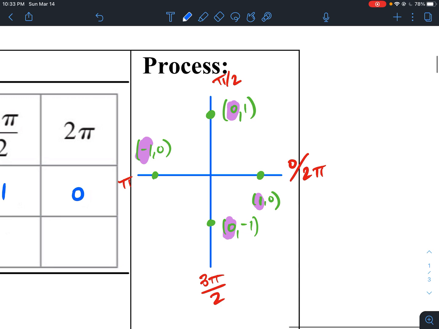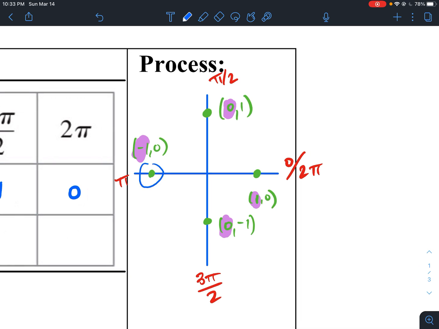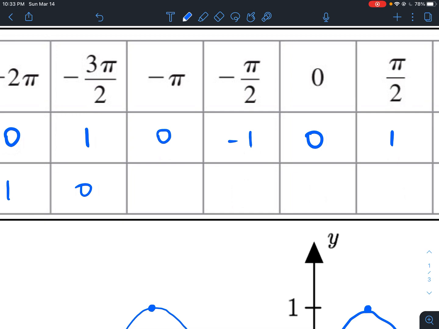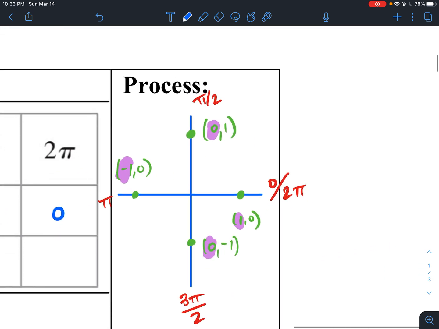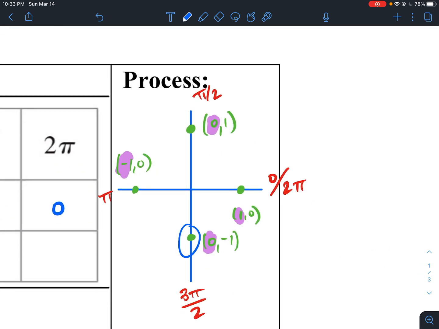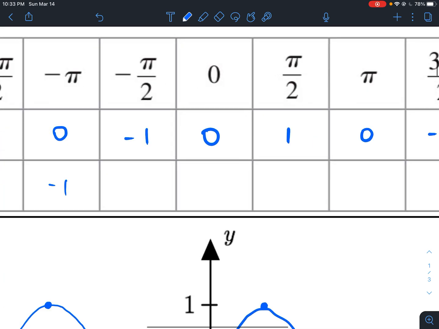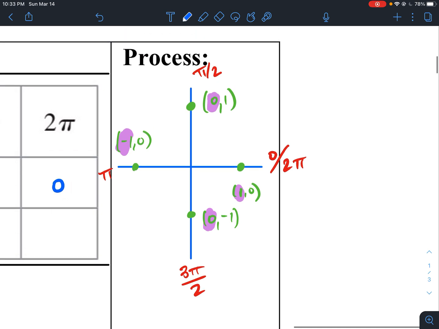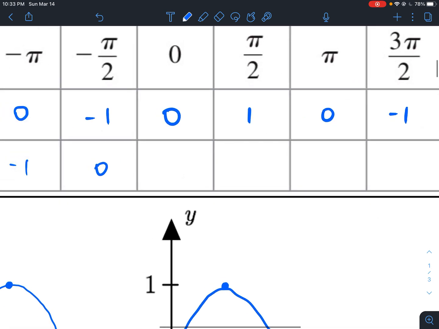At negative pi, we'd be right here. So that's -1 over 1, which would be -1. Negative pi over 2, which would be right here, would be 0 over 1, which would be 0. At 0, we'd be right here, so it would be 1 over 1, which would be 1.